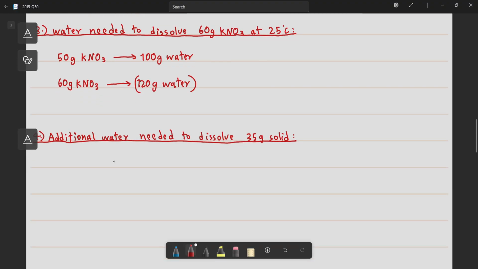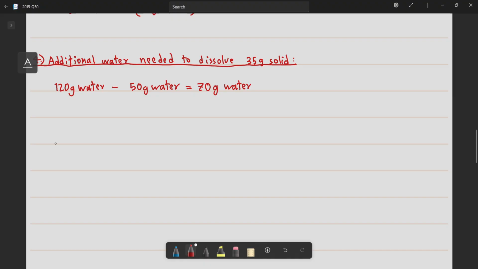In the fourth step, we know that we need 120 gram of water to dissolve the entire 60 gram of potassium nitrate that was initially poured into the 50 gram of water. So this means 120 gram of water minus 50 gram of water. So this gives 70 gram of water. Okay, we get 70 gram of water.